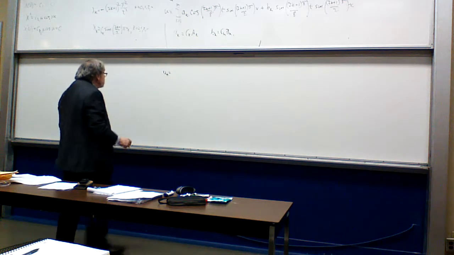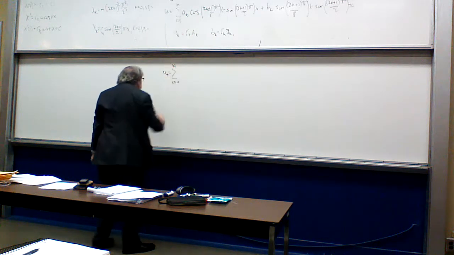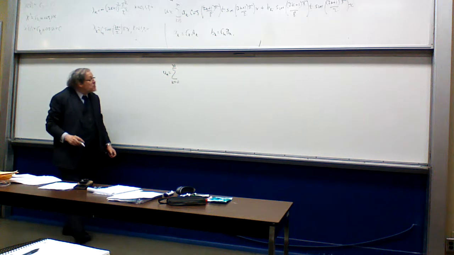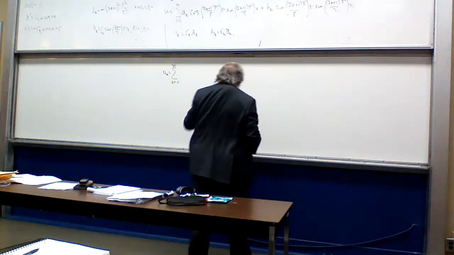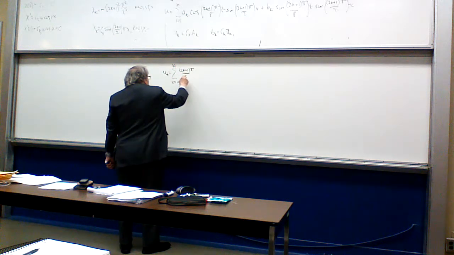I said I was at maximum ugliness; I take it back, this is uglier. The partial derivative with respect to t is going to pull out a (2k plus 1) pi over 8.